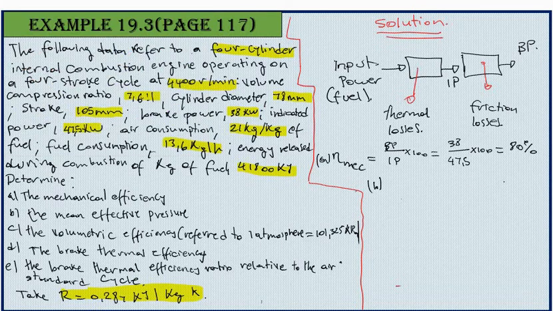So in B they want us to determine the volumetric efficiency. No, the mean effective pressure.